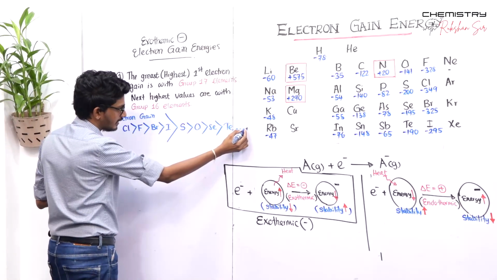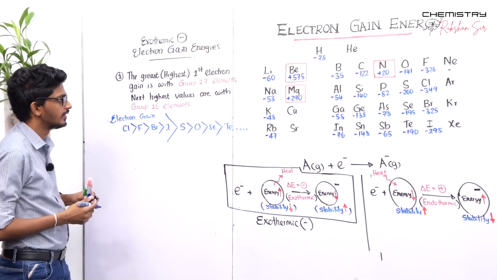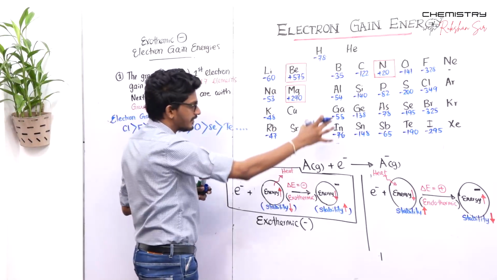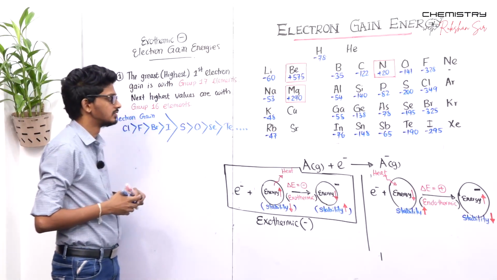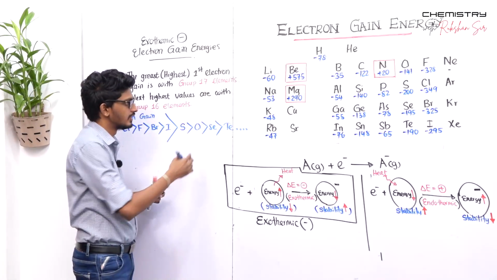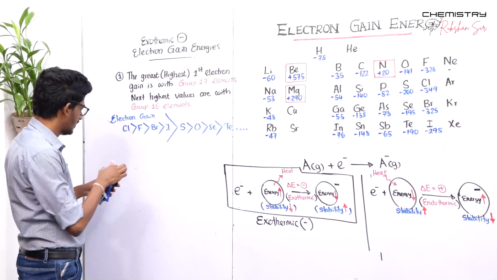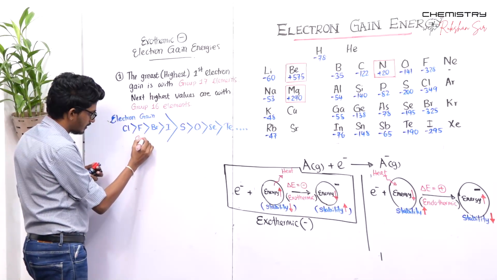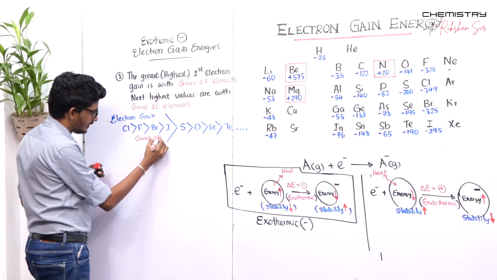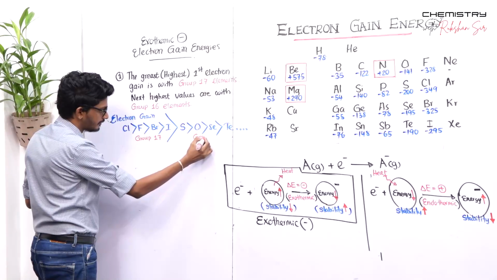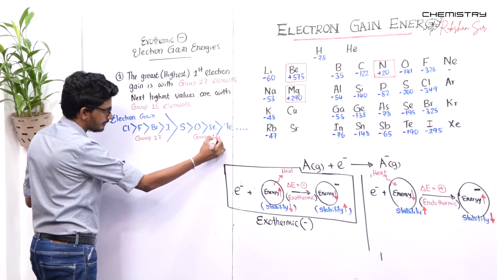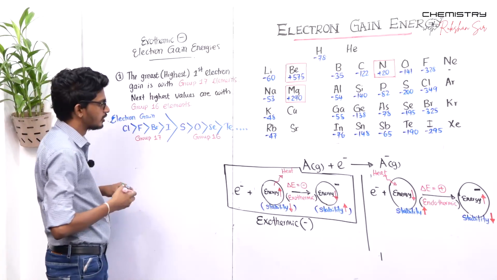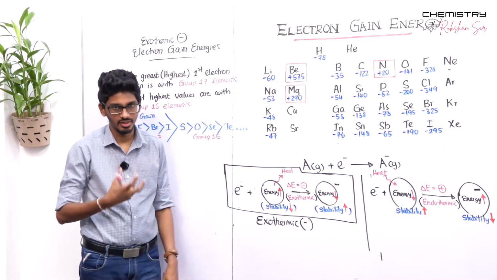All the other values are less than that; the released energies are less than the group 16s. Here you have the group 17s, here the group 16s. You should always know about the greatest values.